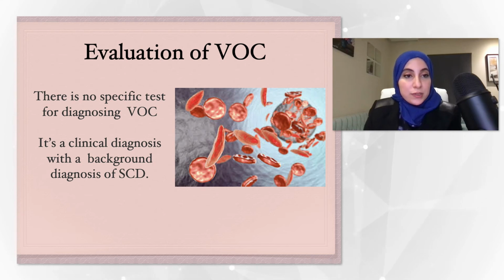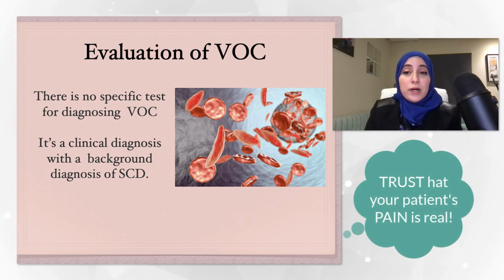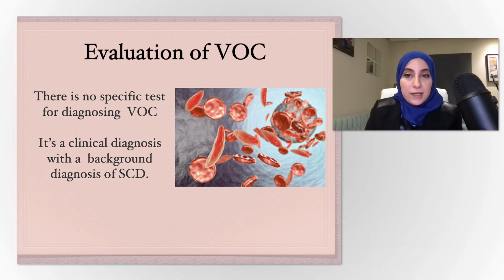It's a clinical diagnosis, no specific test. You have to trust that your patient's pain is real. It has a pathophysiology behind it. And the tests that you do are to rule out other causes of their pain or other complications.